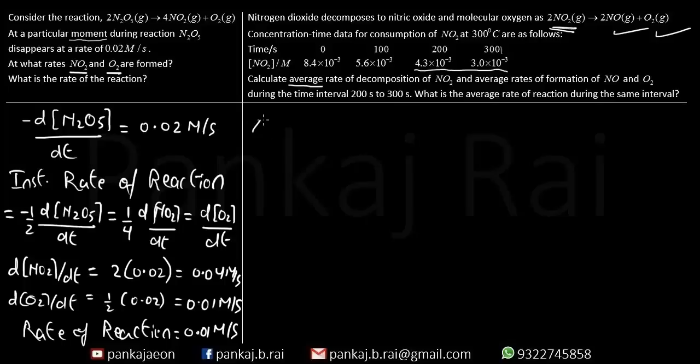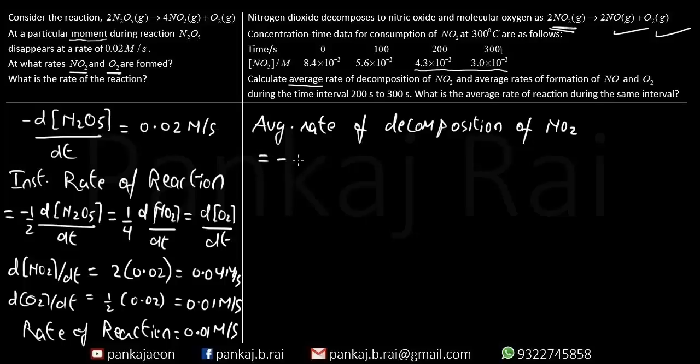Now let me write here. Let's say we are writing the average rate of decomposition or consumption of NO2. It would be given by minus, because it is consumption, delta NO2, that is the change in concentration of NO2, upon change in time.